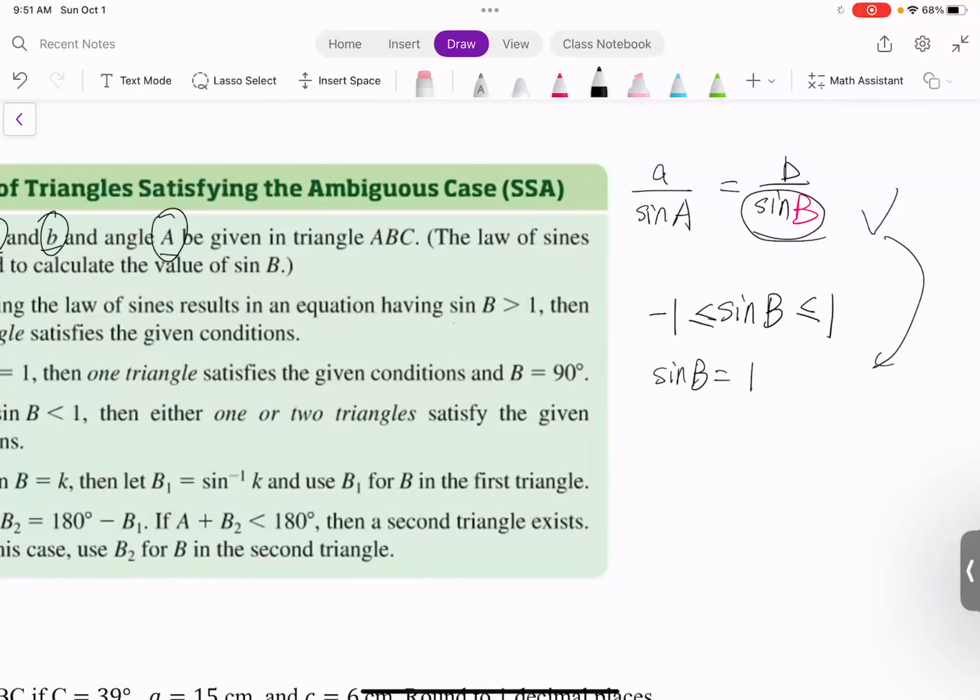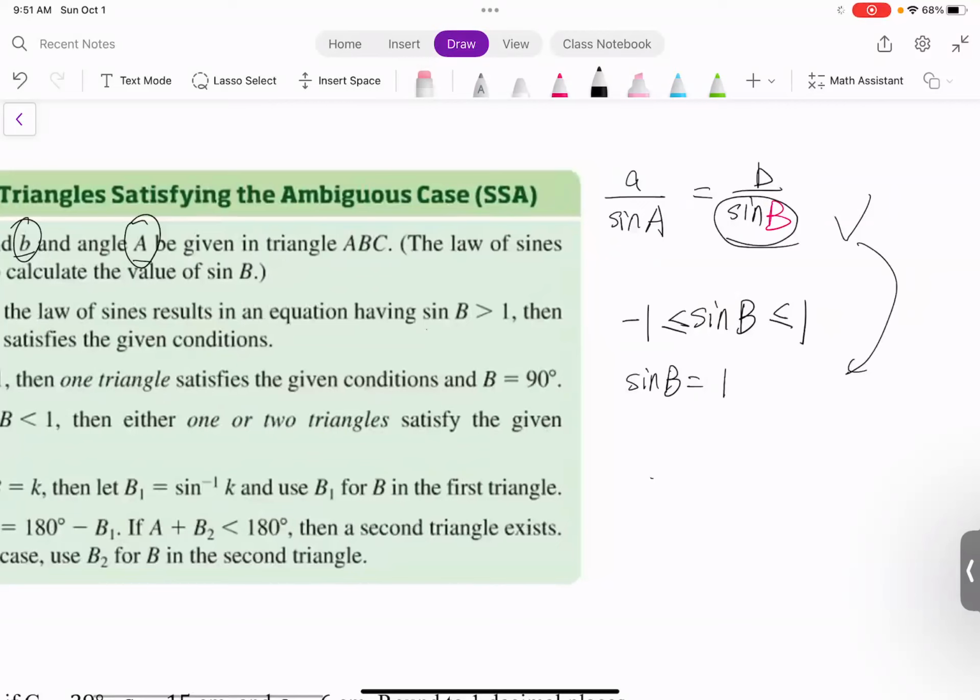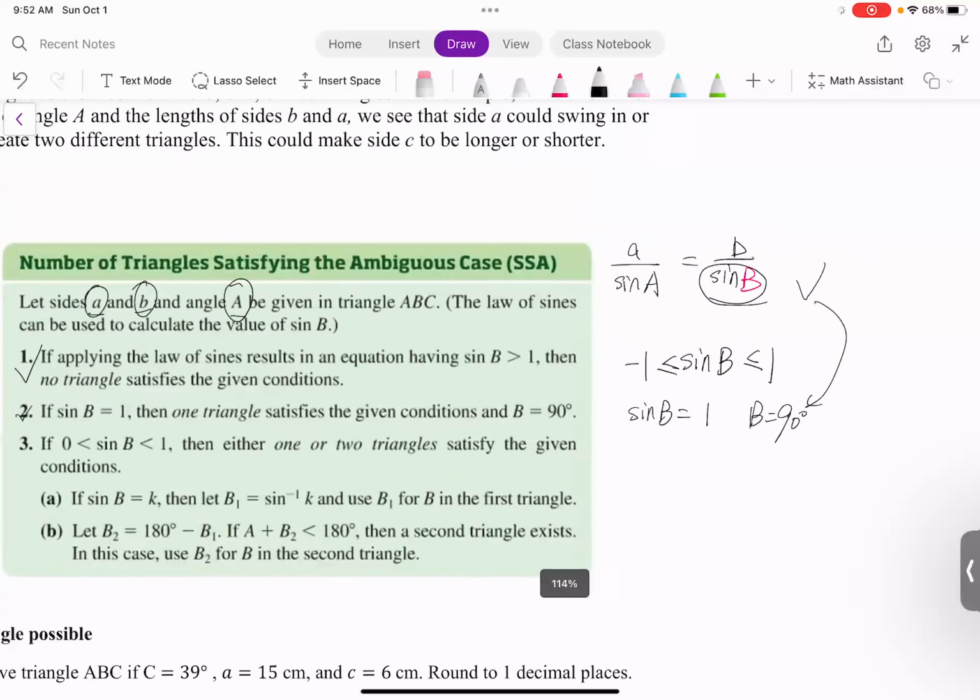And what is the angle of B? So sine B equals y over r. r is 1, so y is 1. So I'm having a point here representing sine B equals 1. Then this angle B is the right angle, which is 90 degrees. I can solve that B equals 90 degrees. And for the 90, we have only one solution.